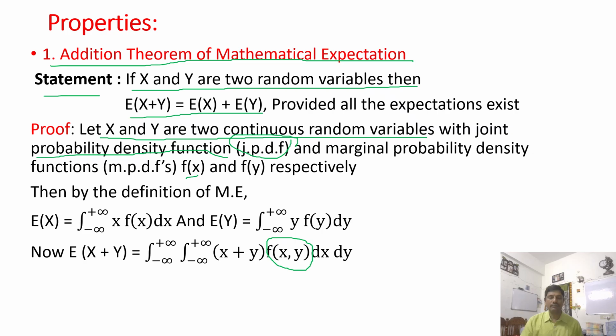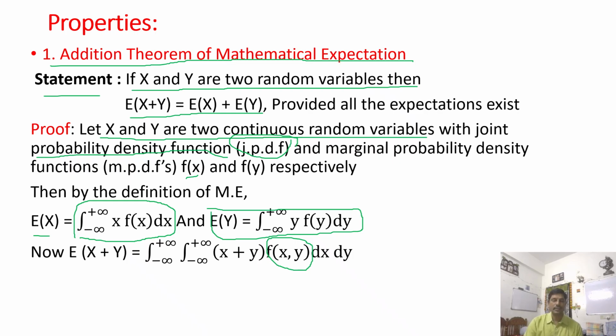Then by the definition of mathematical expectation, what do we have? E of X is equal to the integral from minus infinity to infinity of x into f of x into dx. In the case of Y, E of Y is the integral from minus infinity to infinity of y into f of y into dy.